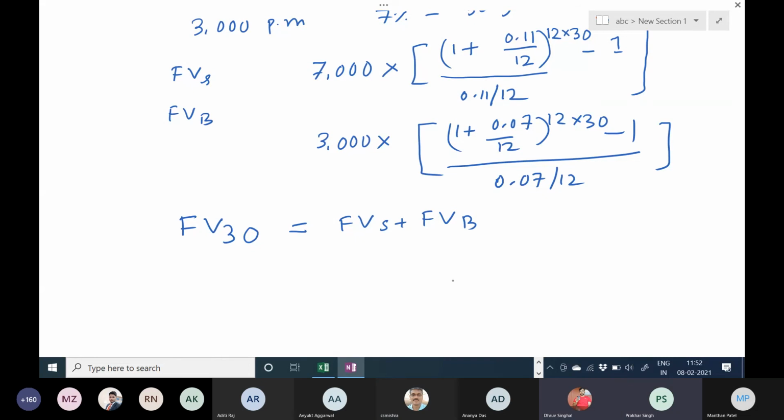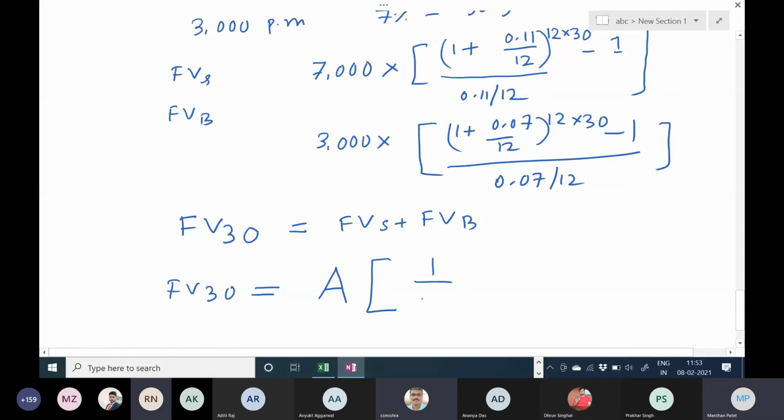Now you start withdrawing the money such that it gets exhausted in 25 years with an interest of 9%. So future value 30 is equal to an amount A into, what is your rate of return? You will put it in the 9% account. But are you going to withdraw annually or monthly? Monthly. So it will be 1 by R, means 1 by 0.09 by 12.